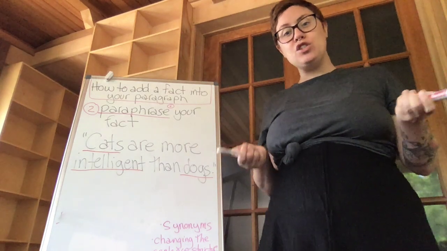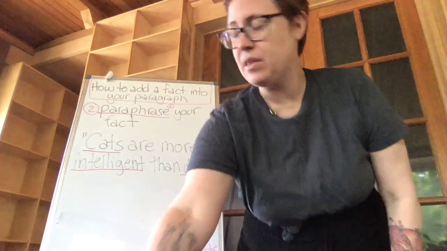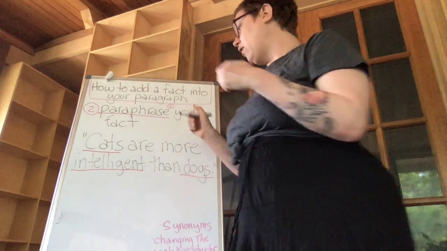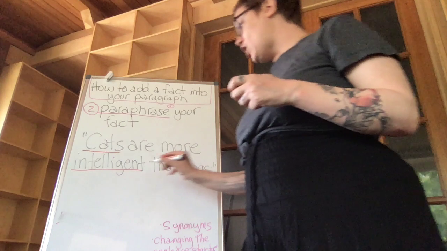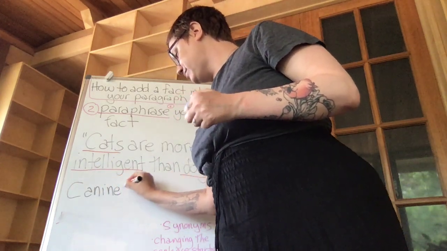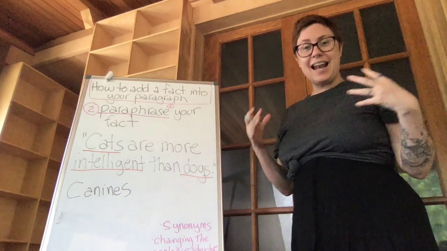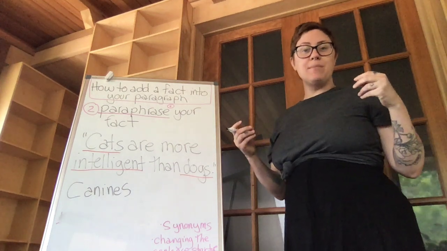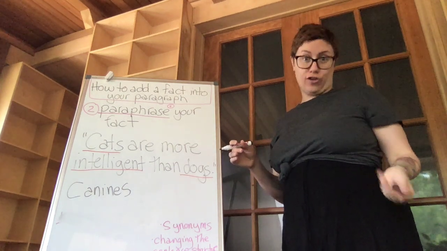These are good words to use synonyms for. So instead of dogs, I'm going to say canines. Canines is an academic or scientific word for dog.